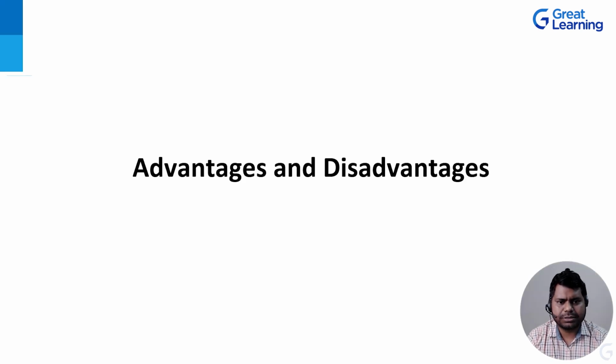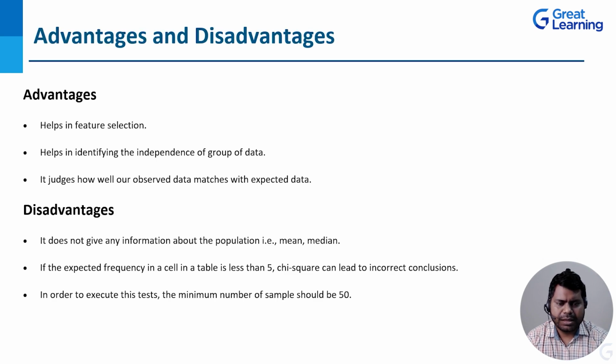Now let's discuss some of the advantages and disadvantages of chi-square test. Let's first go ahead with some of the advantages. Chi-square test helps in feature selection. In the earlier slide, we saw how we can perform feature selection and how it is important for machine learning and statistical modeling.